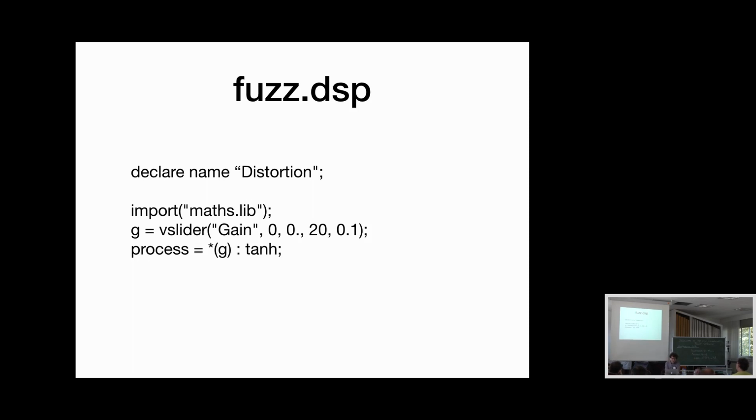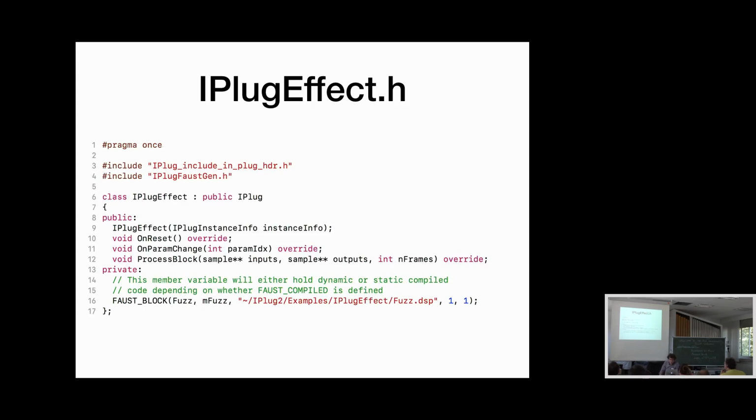Considering a Faust DSP like this, which is a very simple distortion with a tanh. So I'm multiplying the incoming signal by a gain factor and piping that into a tanh. If I have my iPlug effect header file, my C++ interface, I want to include some Faust code, and I can create what I call a Faust block.